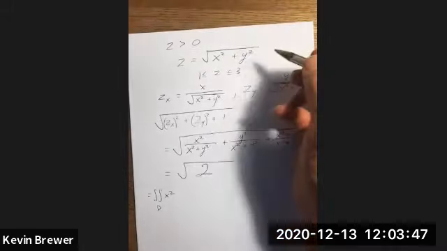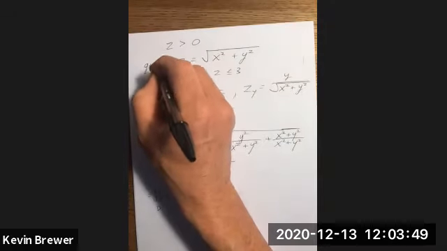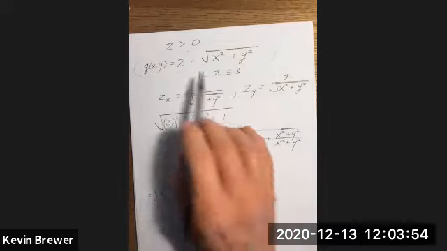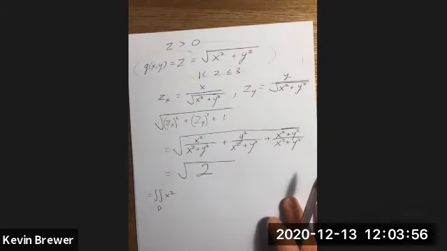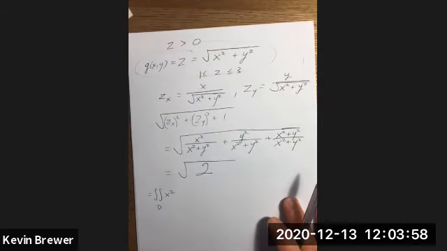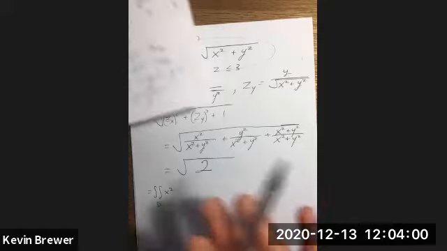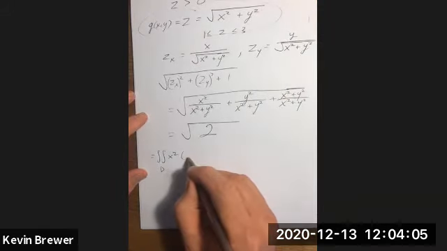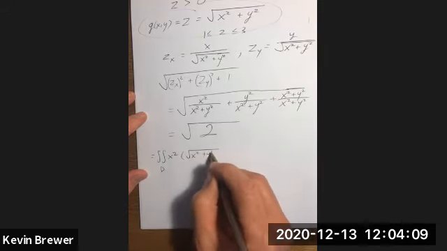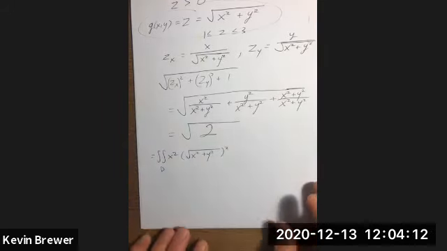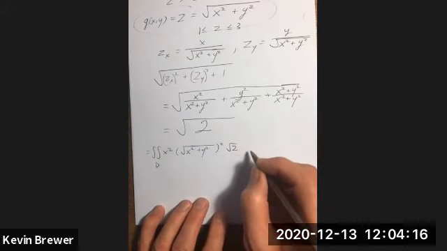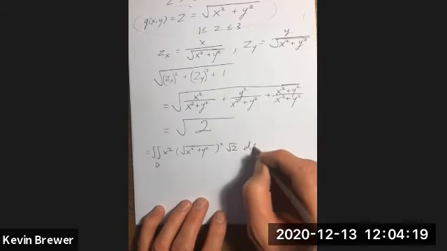And perhaps I should have noted, this is my g of x, y. So then I've got z squared, see? So that's square root of x squared plus y squared squared, and then square root of 2 dA.